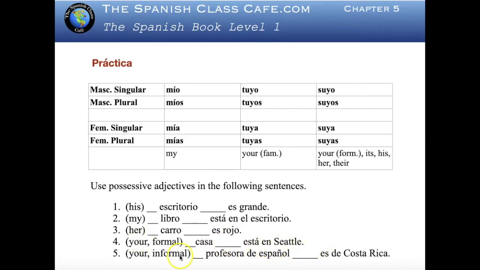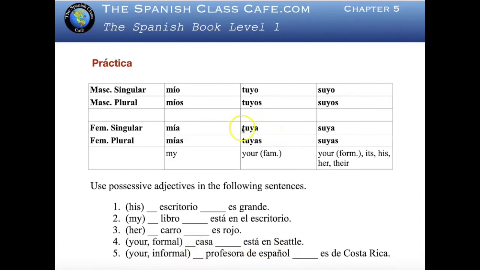You're informal. You want to say, your Spanish teacher is from Costa Rica. Then you will be in the informal, will be right here. And there will be la profesora de español. Definite article in the front, la profesora de español.